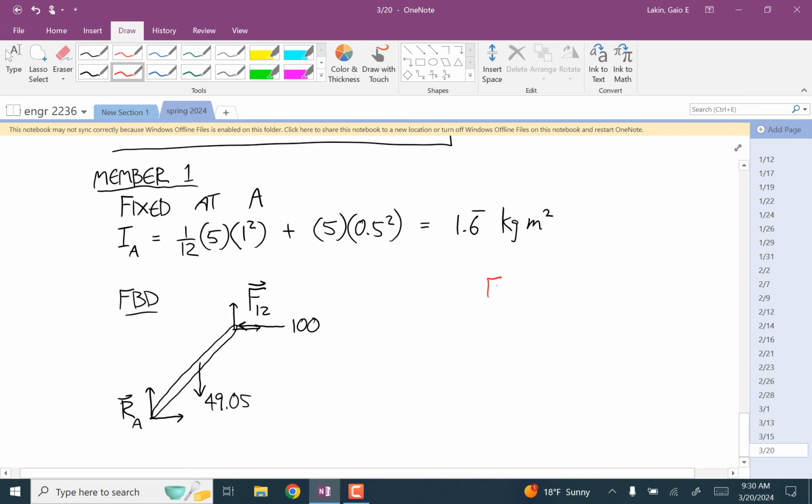Okay, so I'm going to put some notes over here. F12 is the force on 1 by 2.